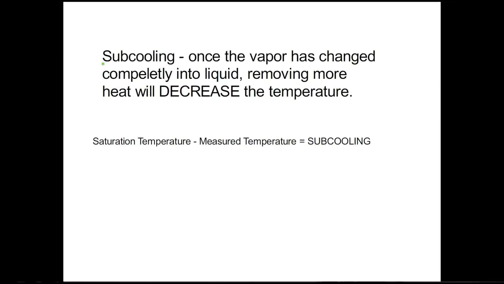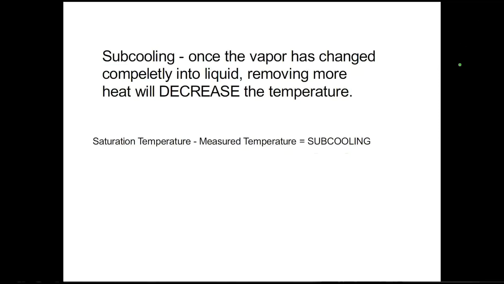are important. So subcooling. Okay, so once our vapors change completely back into liquid, and we're 100% liquid, removing heat will decrease the temperature. So we're removing sensible heat. So if you take your saturation temperature and then you measure the temperature of the liquid, the difference is subcooling.